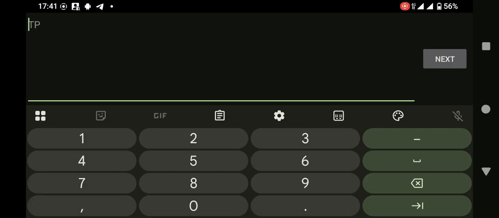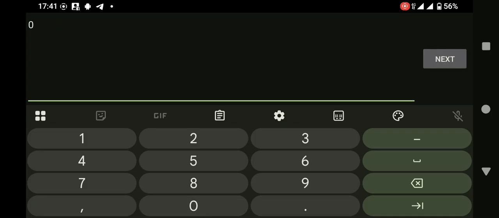Because you are selling, the market is dropping. So let me set my TP at 66.0. So that is my TP.